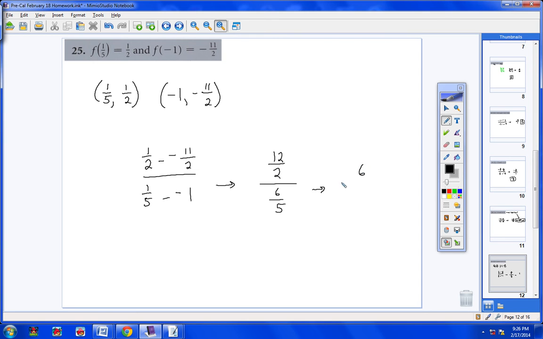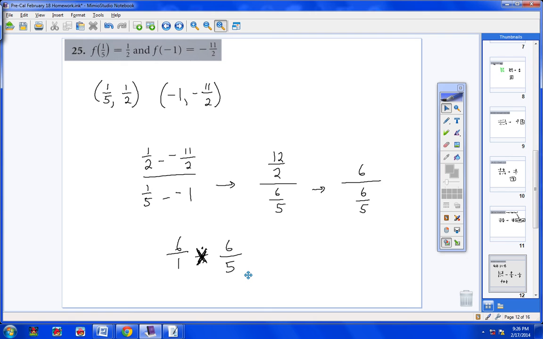So we have 6 over 6 fifths, or in other words, 6 over 1, because 6 right here is the same thing as 6 over 1, divided by the bottom fraction, which is 6 fifths. Now, when you're dividing fractions, we make this multiplication and we flip the second fraction.